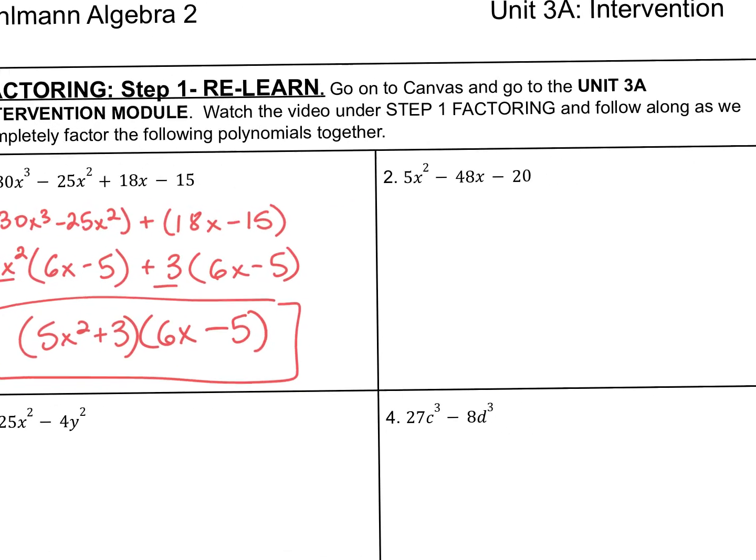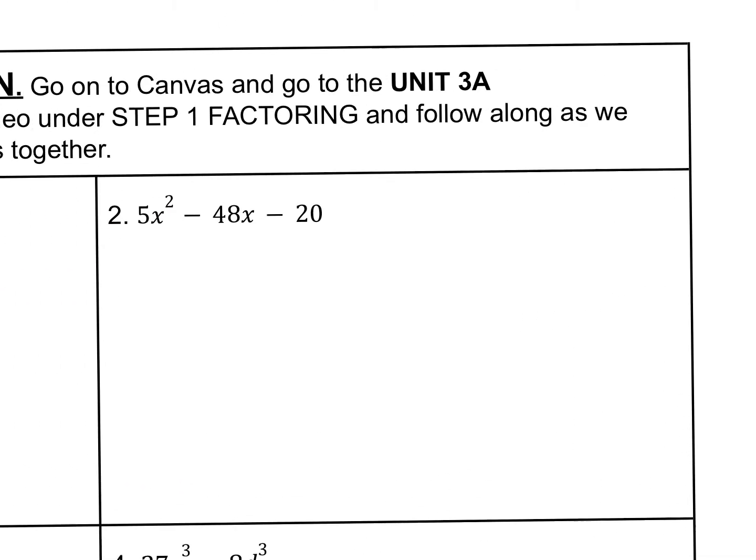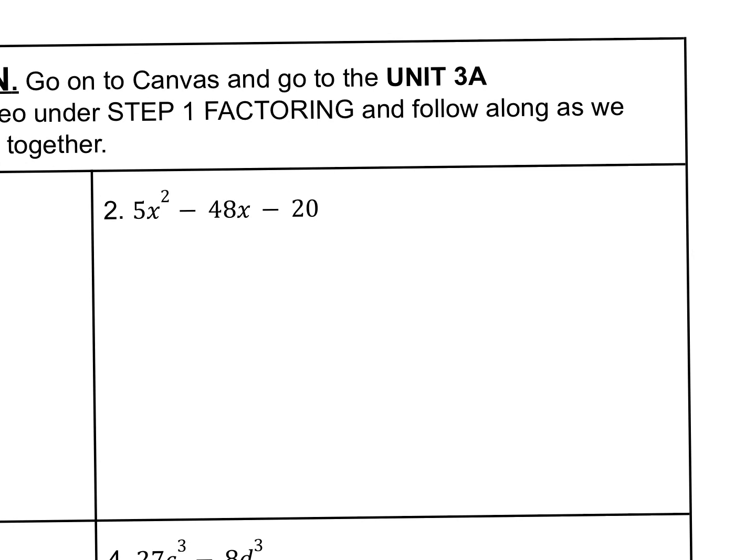Okay. Moving on. Number 2. Check for a GCF. Doesn't look like there is one, but we've got 3 terms. That means try the X method. We multiply the first number times the last number. 5 times negative 20 is negative 100. We put the middle number in the bottom.